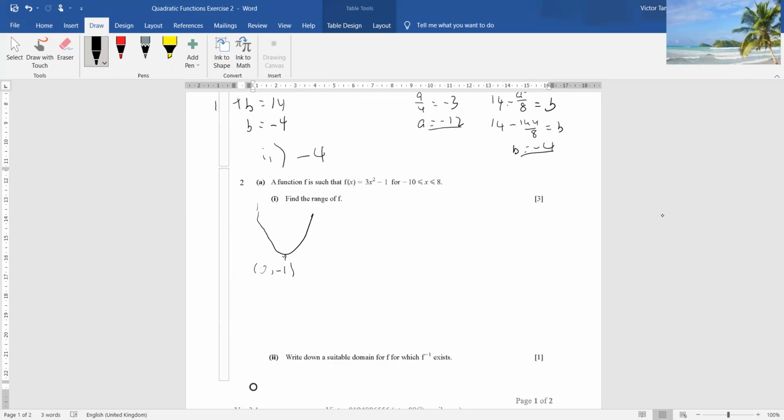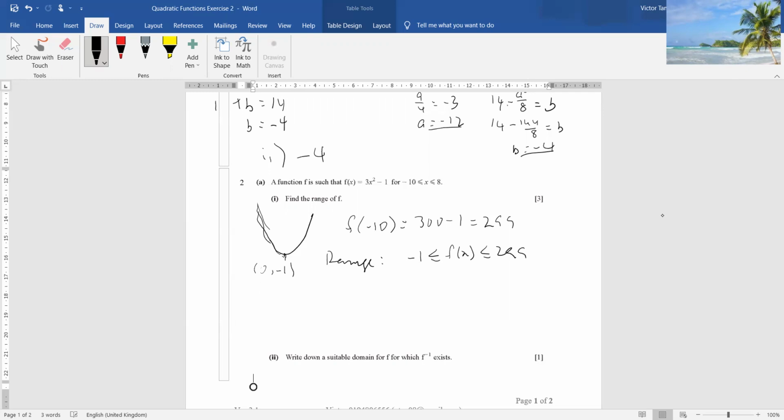So if you look at this, at (0, minus 1), the minimum value is minus 1. Okay, what's the maximum value? Maximum value will happen at x equals minus 1. So it is 3 minus 1, which is 2. So the range will be a minimum value of negative 1 and a maximum value of 2.